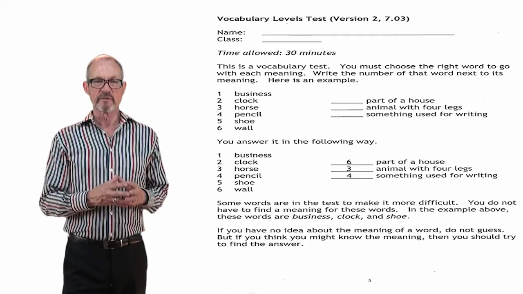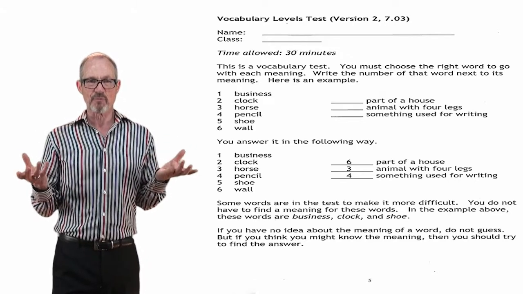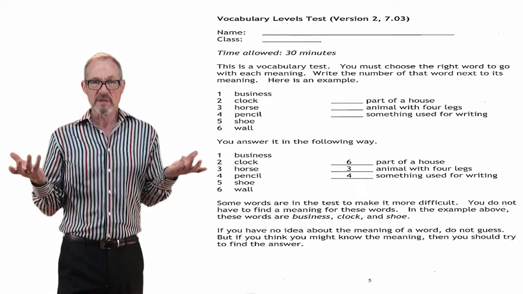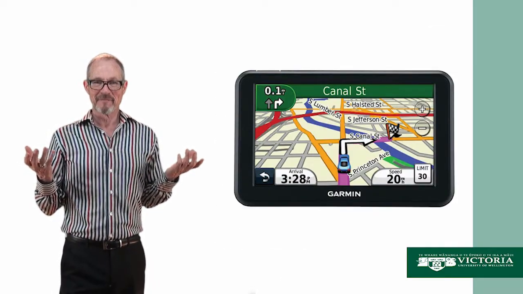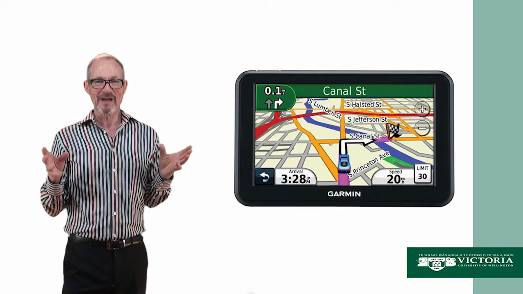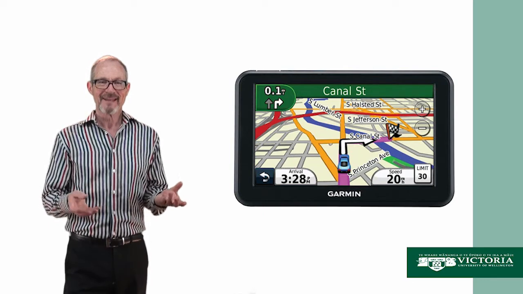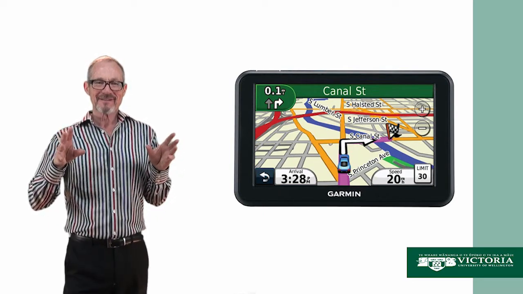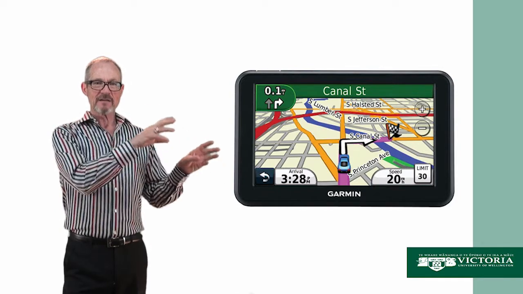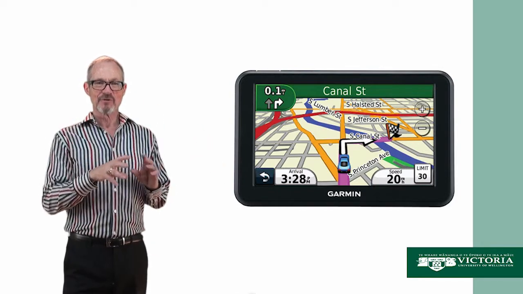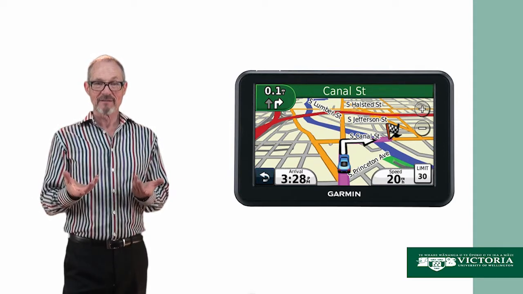So I'm going to leave you with an image, an analogy that I think is very appropriate to this subject. And that's the idea of a GPS. Many of you will have them in your cars, I suspect, if you're lucky enough to own a car. Why is it like a GPS? Well, a GPS is something that gets you from A to B. It tells you where you are now, where you want to go, and how to get there.